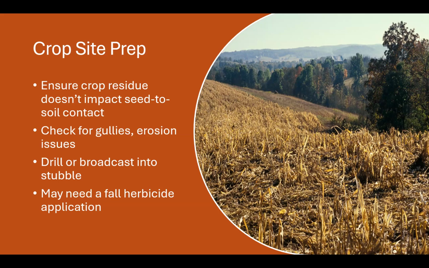It might not be possible to carry a fire through that, so mechanical removal means might be necessary for you to achieve that. Be sure to check for large gullies or eroded areas, and if needed, you might want to lightly disc those to fix those areas. Anytime you disc, though, I'm going to recommend that you cultipack the disturbed soil again to create that firm seed bed.